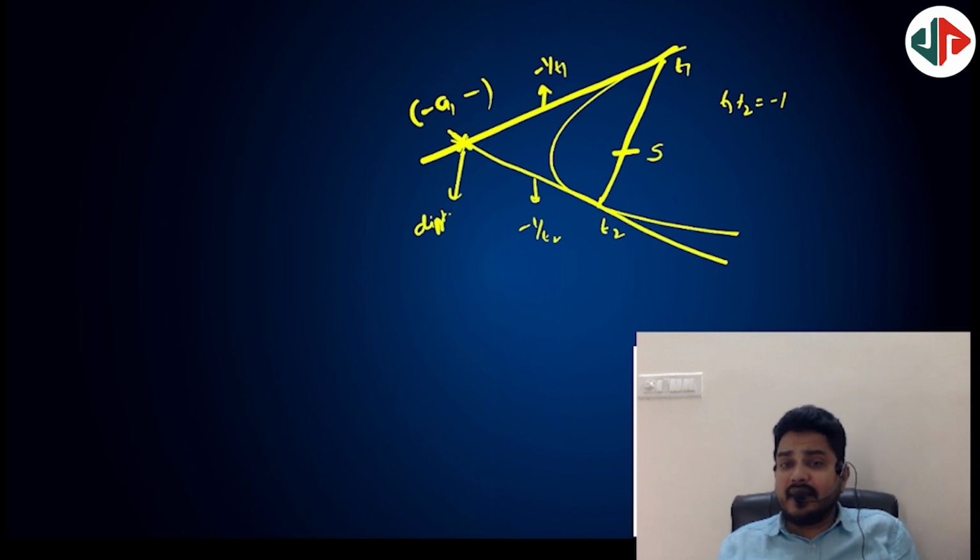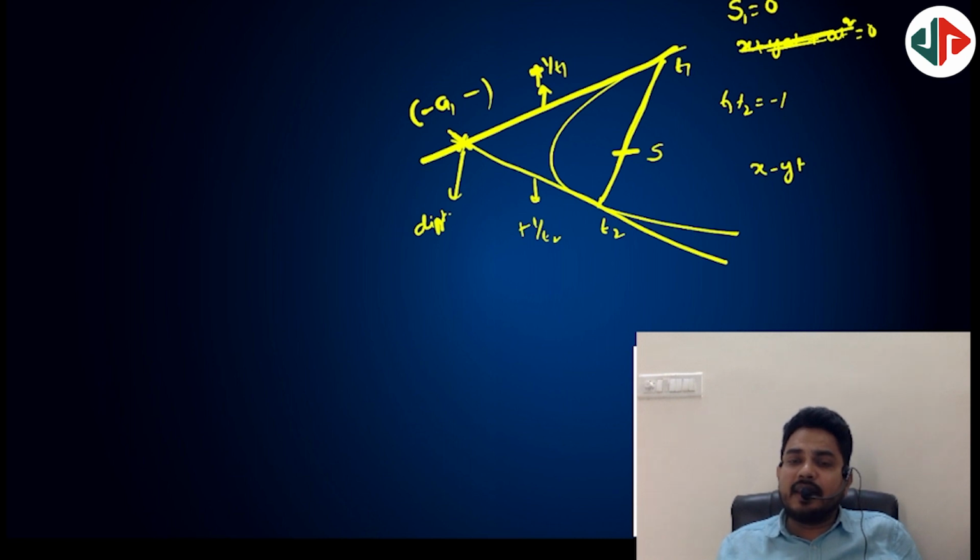So what is the tangent equation I told you? S1 is equal to 0. For y square is equal to 4ax, the tangent is x minus yt plus at square is equal to 0. Slope is equal to 1 by t.